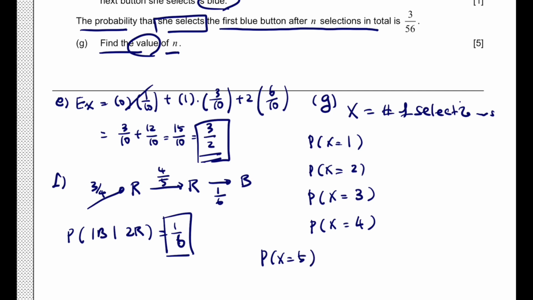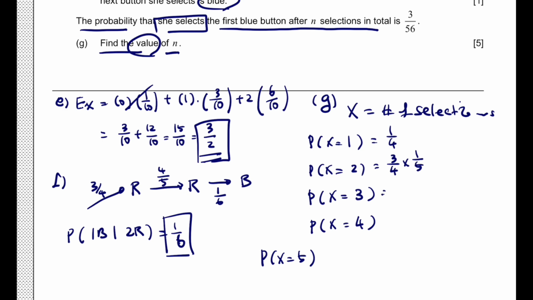So if we select the button only one time, and a blue button shows up as the first button, then our probability is 1 over 4, right? And if we select the button twice and the blue button shows up as the second, then picking the red button the first time is 3 over 4, and picking the blue button as the second button is 1 over 5, because we gained the extra button.